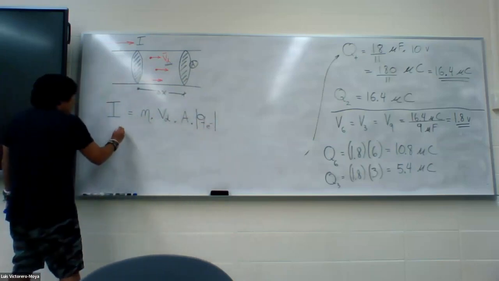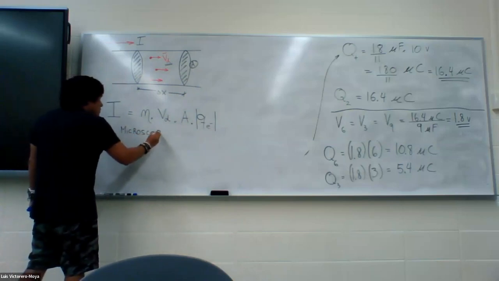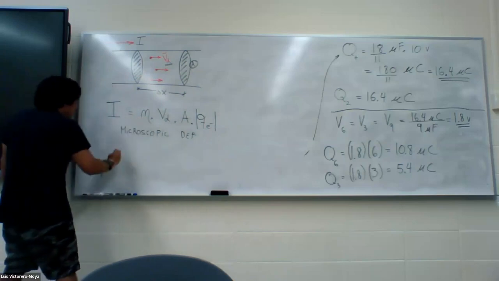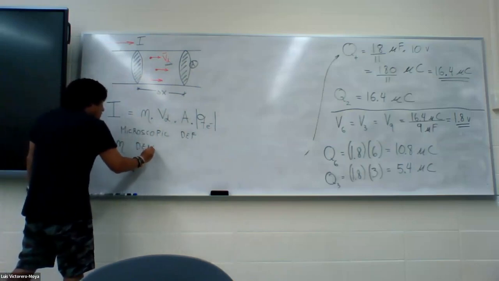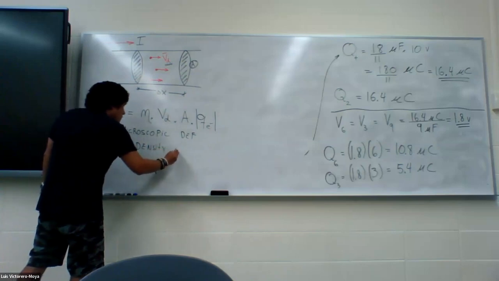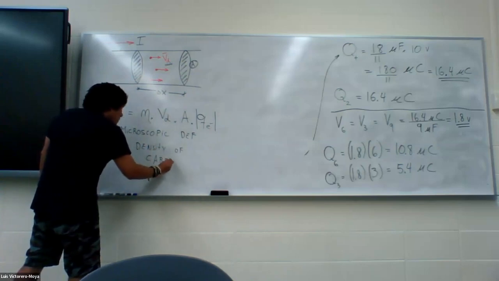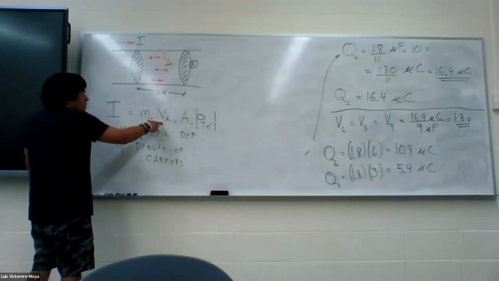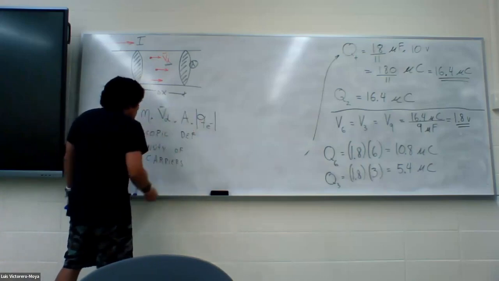This is the microscopic definition of current, where n is the density of carriers, v is the drift velocity, A is the area, and e is the charge.